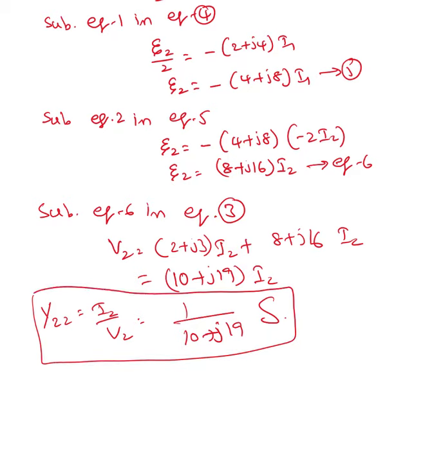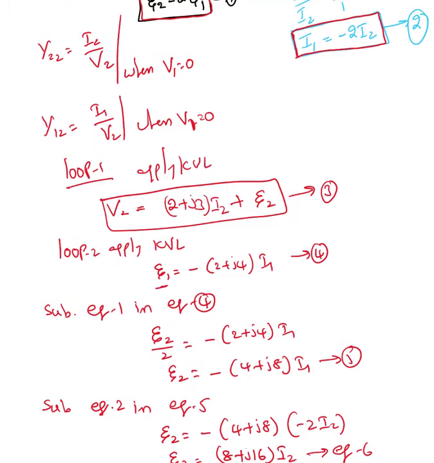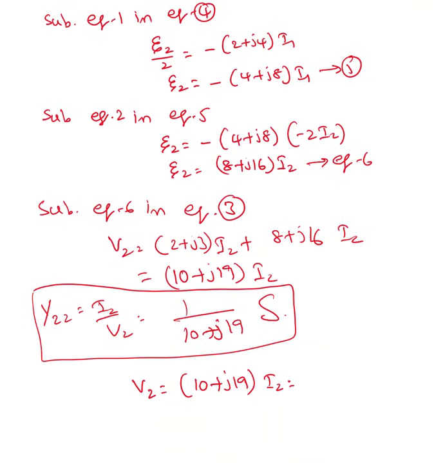Now to get Y12, can I say the same thing? V2 equal to 10 plus J19 I2. Now I can substitute I2 equal to minus I1 over 2. So V2 equal to minus 5 plus J9.5 I1.